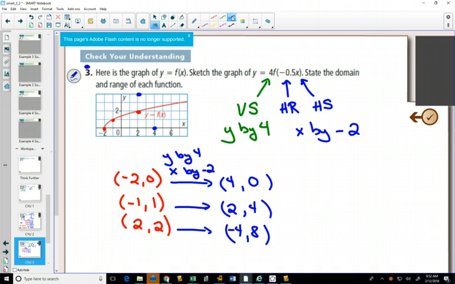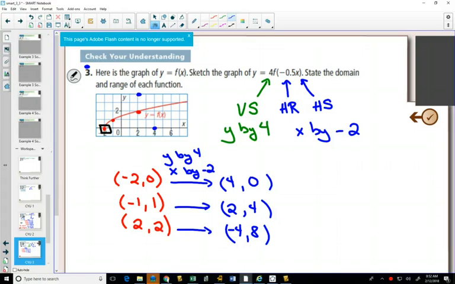Now, what we don't know is, once we have those 3 points drawn, how do I connect them? Should I connect them this way and put my arrowhead there, or should I start here and connect them this way and put my arrowhead there? That's the question that we have. Well, to think about that, we can look back at our original graph and say, this is our key point.